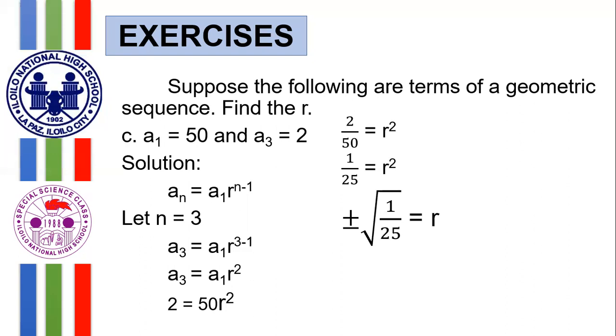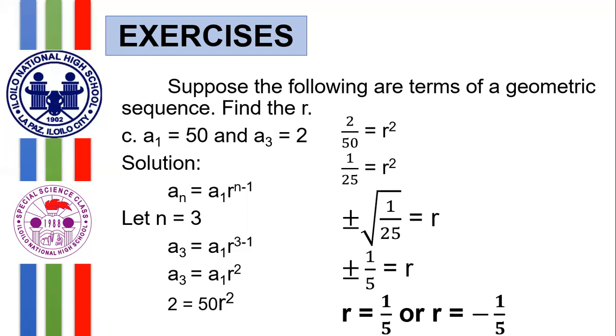And if you will take the square root of a certain fraction, remember that you have to get the square root of both numerator and denominator. So the square root of 1 is 1. The square root of 25 is 5. Hence, the value of r is plus minus 1/5.